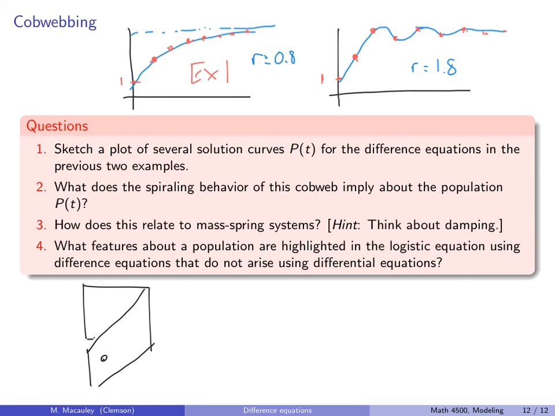Some screen doors that open and shut will have some sort of a piston device that controls how quickly they open and shut. If this thing is loosened, then the door will slam shut and it'll bounce back and forth, oscillate, and then it'll level off.